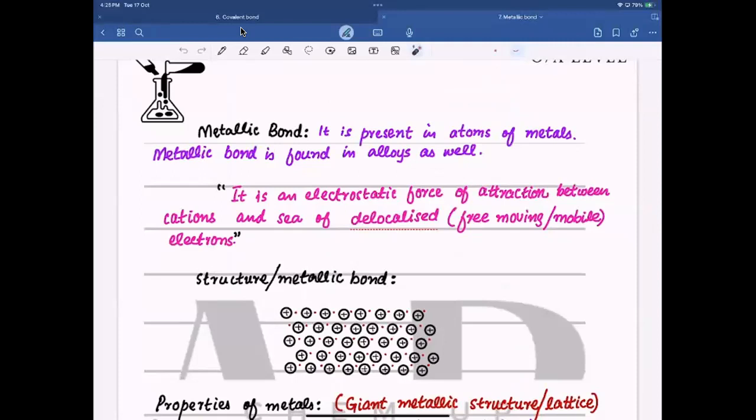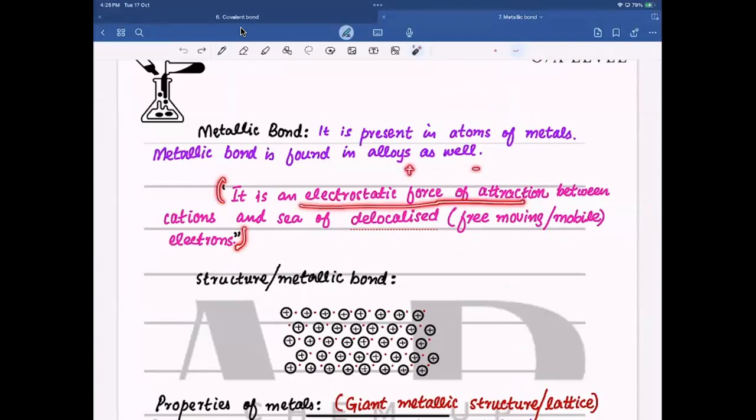Now we have metallic bonding. This bond is present in the atoms of metals, and sometimes you will observe it in alloys as well, because alloys are also a mixture of metals. We define metallic bonding as an electrostatic force of attraction. Why electrostatic?